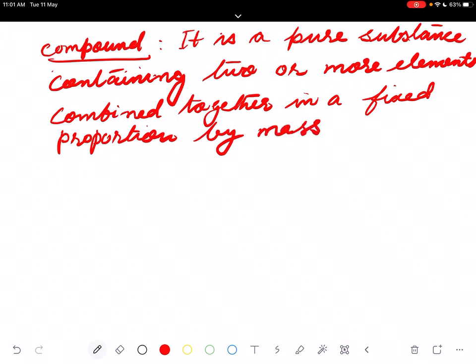So it is a pure substance containing two or more elements combined together in a fixed proportion by mass.